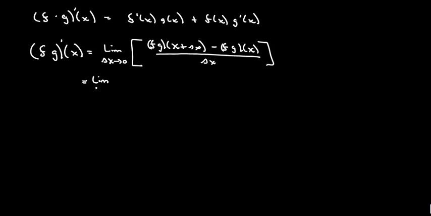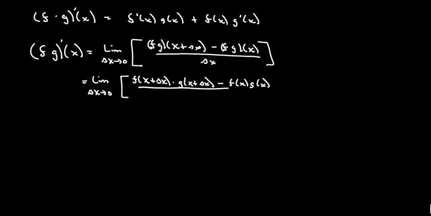So this is the limit as delta x goes to 0 of f of x plus delta x times g of x plus delta x. That's our definition of this product. And then subtract off f of x times g of x, over delta x.